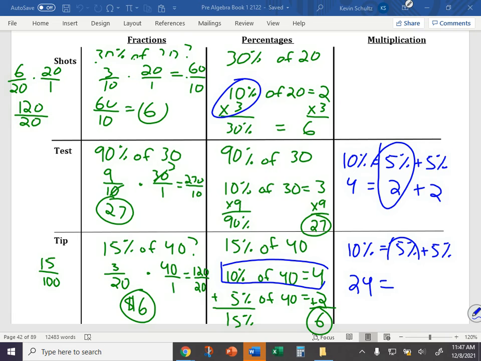Well, 24 plus 24 would be 48. What 2 of the same number add to be 24, right? Because we know that 12. So 5% would have to be 12. If 10% is 24, and 5% plus 5% equals 10%, or 5% is half of 10%, then that value has to be half of 24.